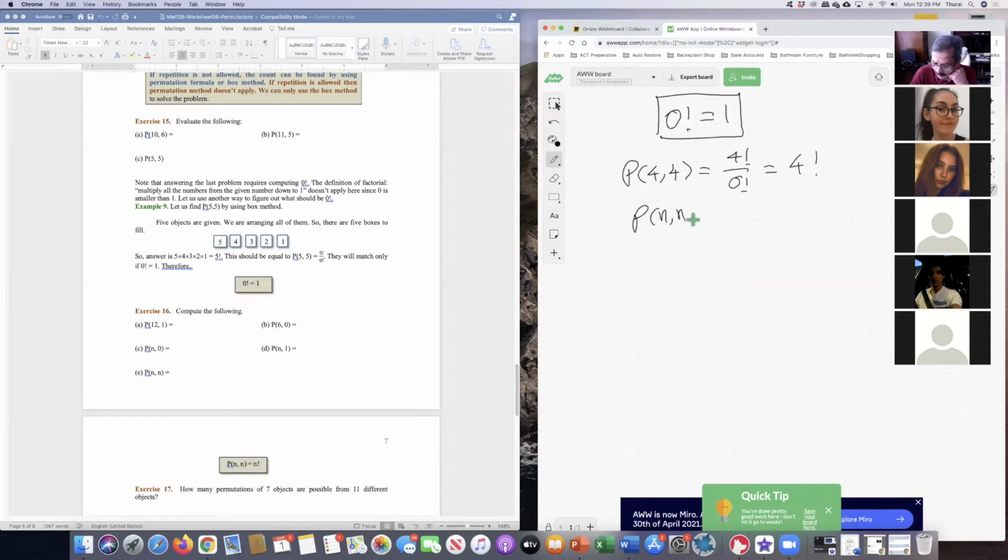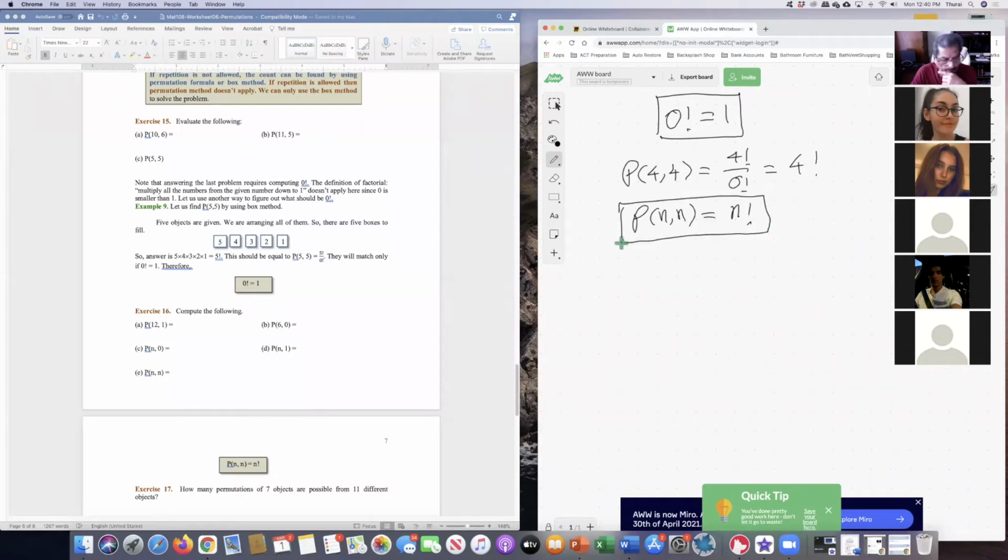We just saw P55 is factorial 5, P44 is factorial 4. So what is Pnn for any n? What can you say? N factorial. So no matter what the n is, Pnn is always the same as n factorial.